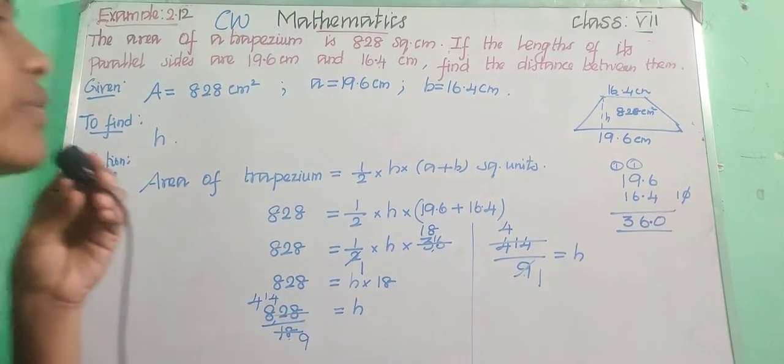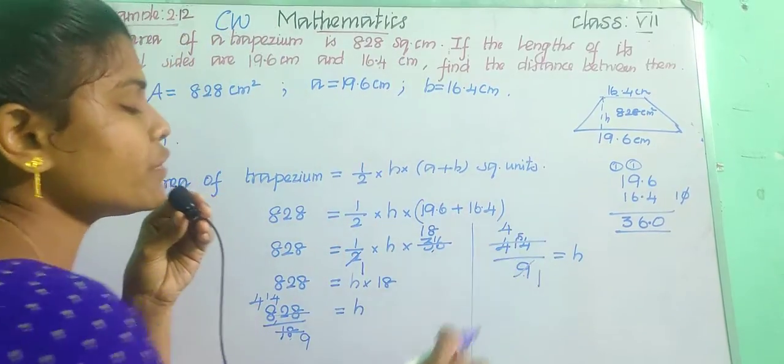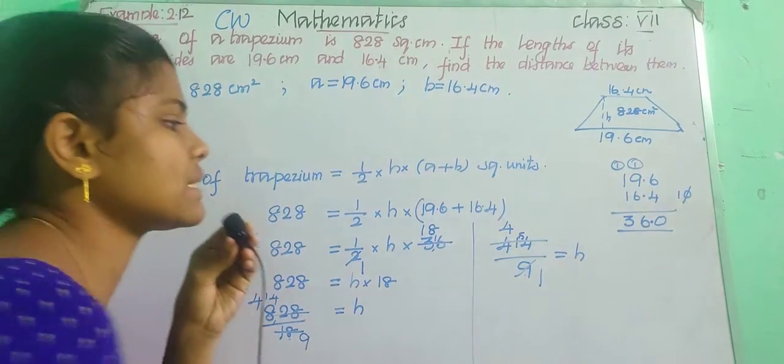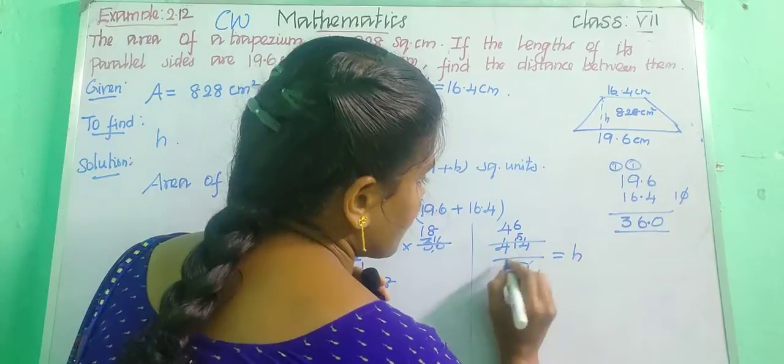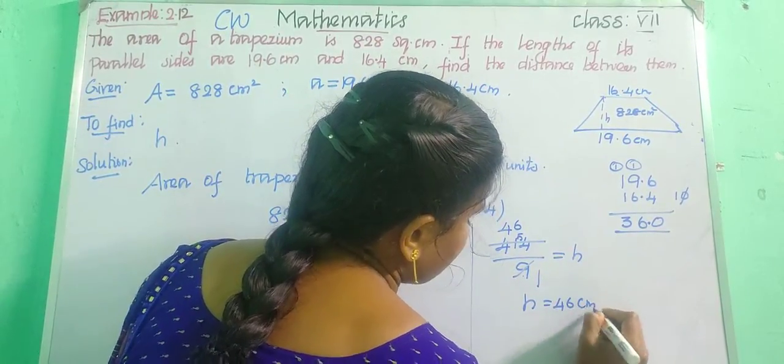So now we got 54. Now say 9 table: 1 9 is 9, 2 9s are 18, 3 9s are 27, 4 9s are 36, 5 9s are 45, 6 9s are 54. So what is the answer? h equal to 46 centimeter is the answer.